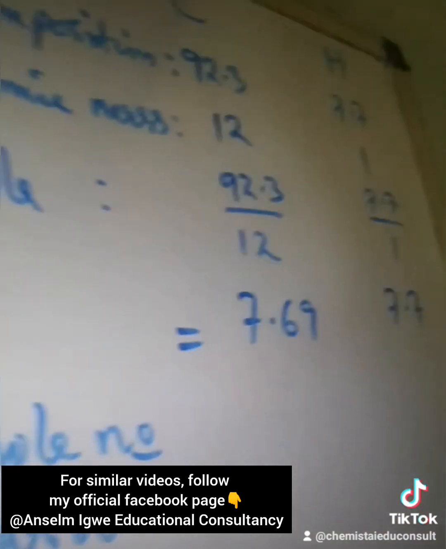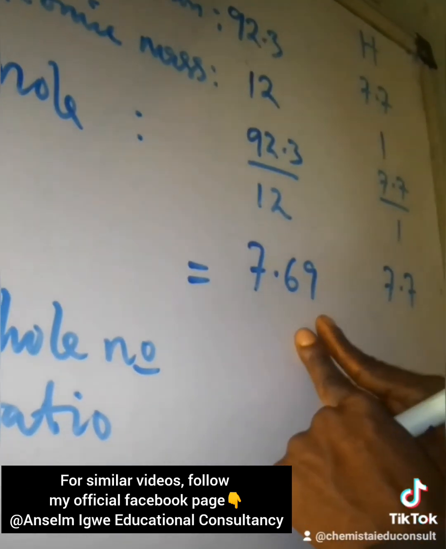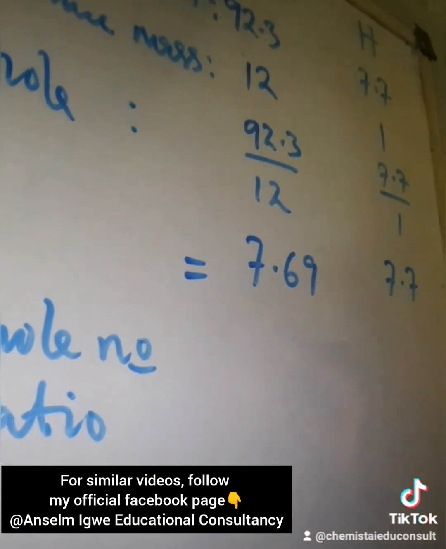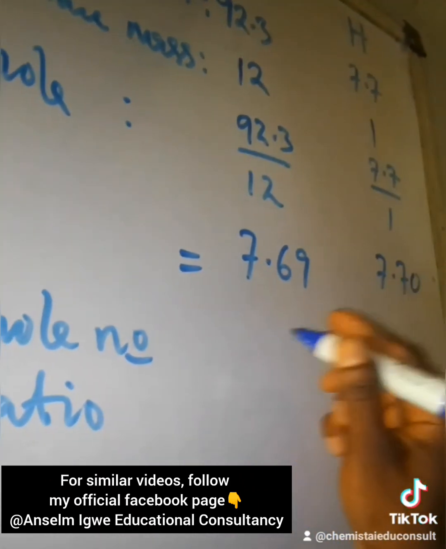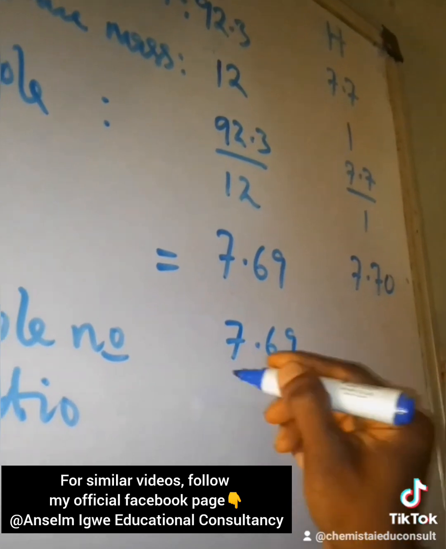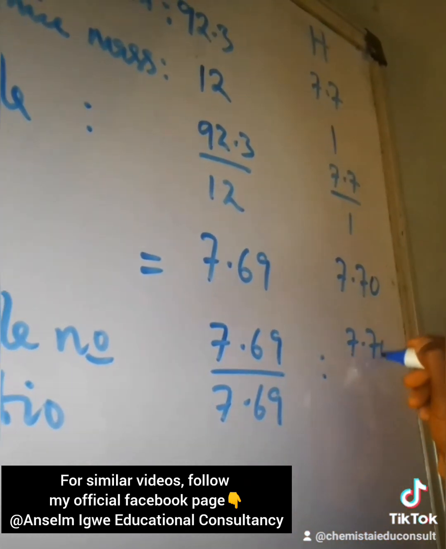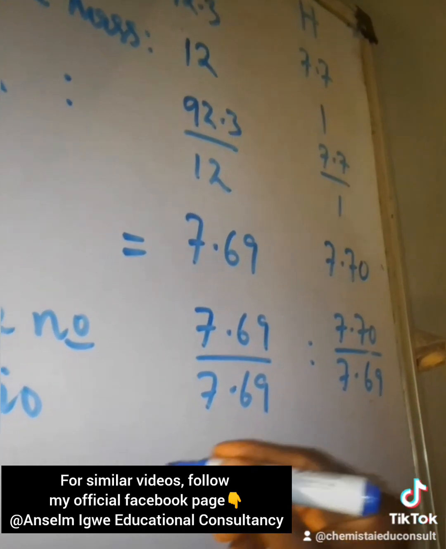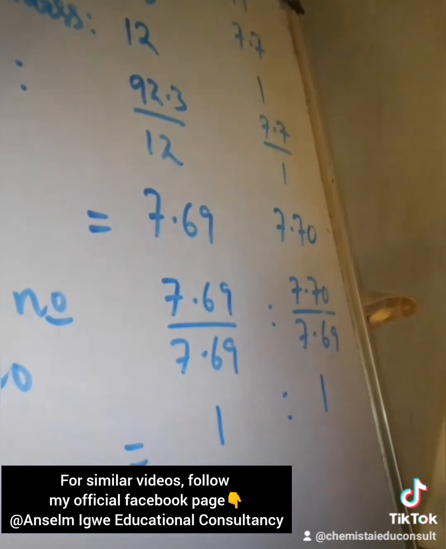Whole number ratio is gotten when you divide the two moles by the smallest number. You see that the smallest number here is 7.69. This is 7.70. So you divide both of them by 7.69. So 7.69 divided by 7.69 is to 7.70 divided by 7.69. So what we are going to get here is 1, and 1.00 something.